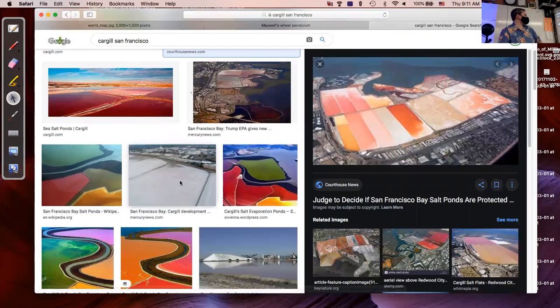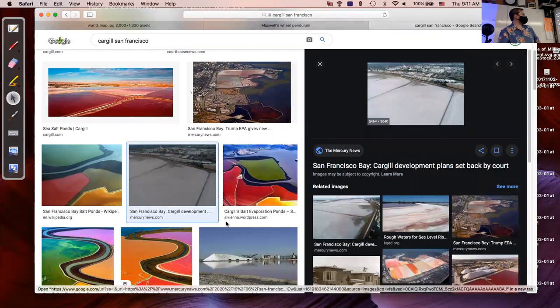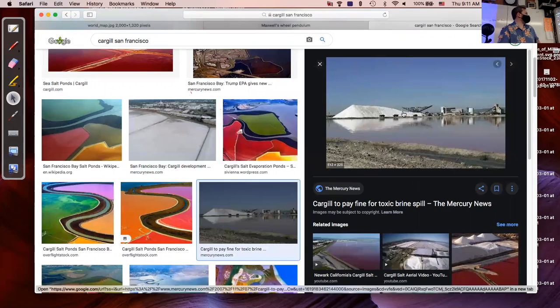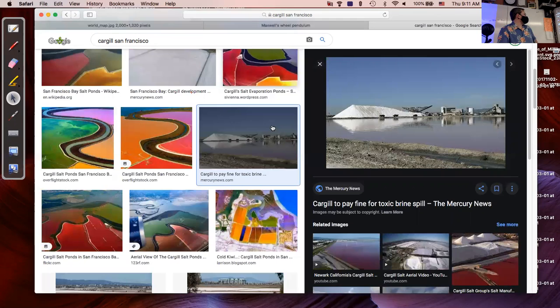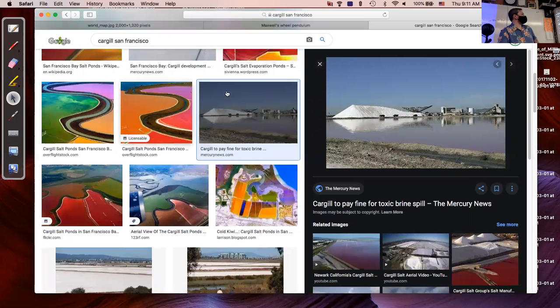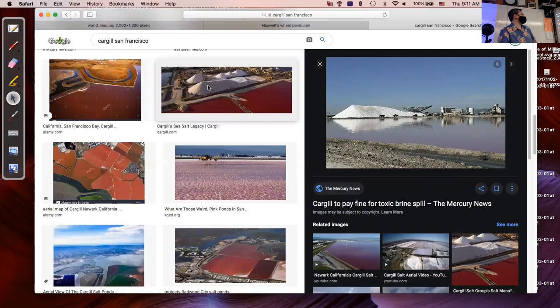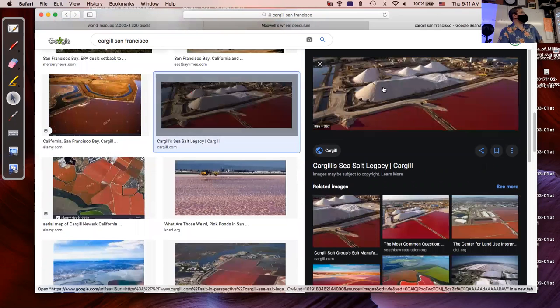And then as the water evaporates away, you get solid salt, and then they kind of plow it up into piles, and then it dries. And then, yeah, these are pretty cool colors. They can be really super colorful depending upon what algae and bacteria is growing in it. So there's some concentrated salt, and then you just scoop it up, bag it up. You buy salt in the store. That's like where it comes from.